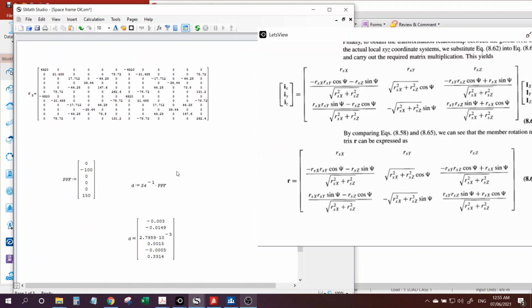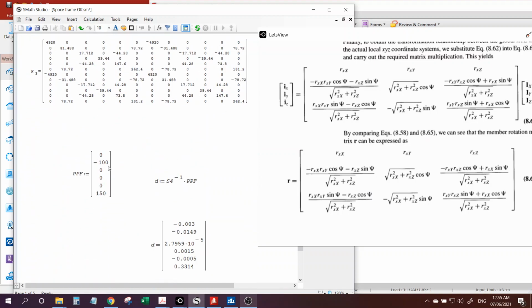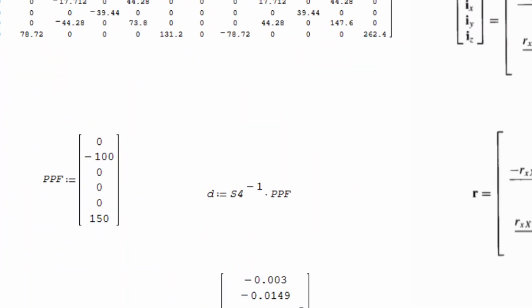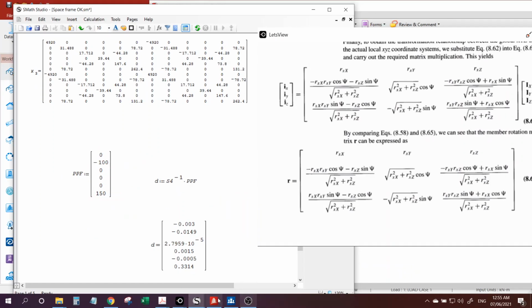Okay, and this is my applied load. So this is 1, 2, 3, 6. That means I have an applied vertical load of negative 100 kilonewton and a 150 kilonewton meter moment in our structure, which is this.